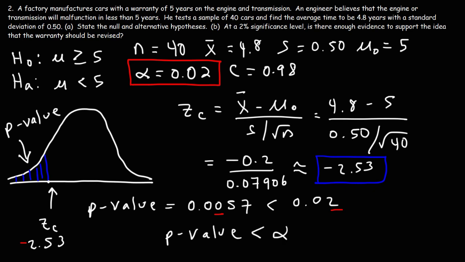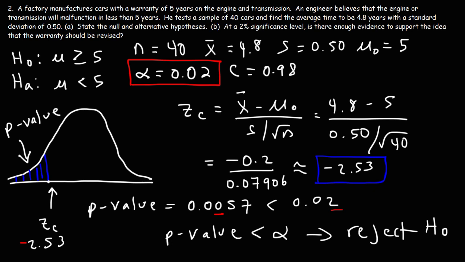And because of that, we can reject the null hypothesis. So we could say that at a 2% significance level, or with 98% confidence, we believe that there is enough evidence to support the idea that the warranty should be revised.